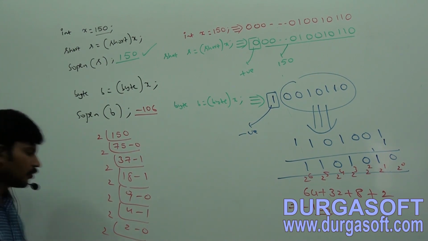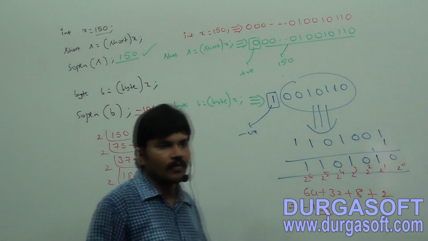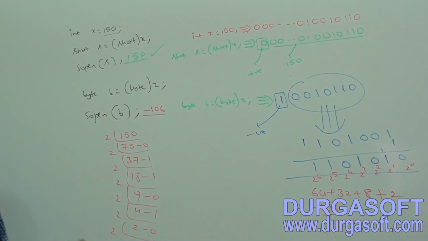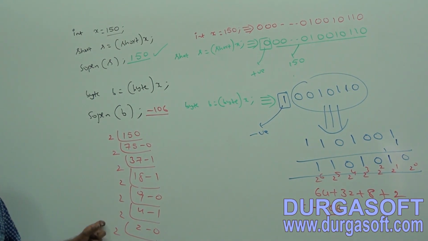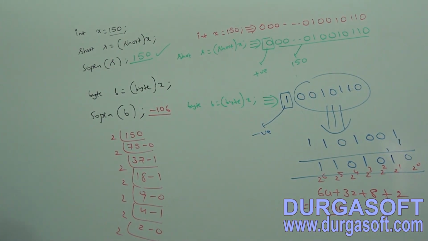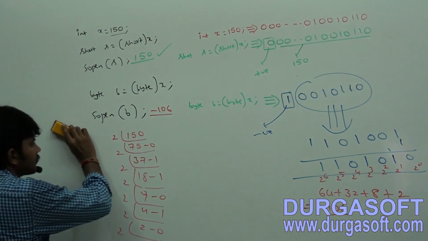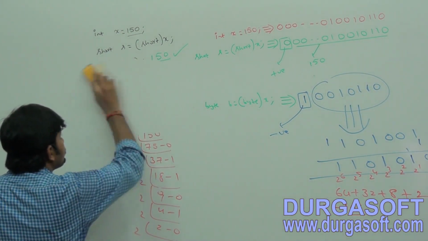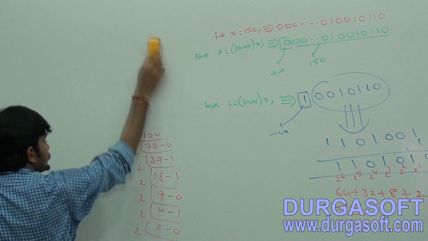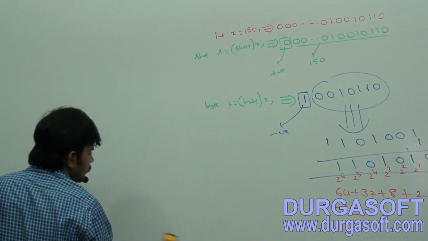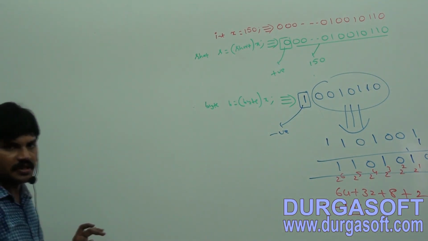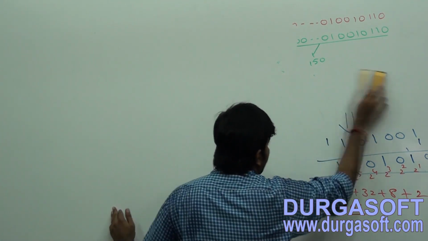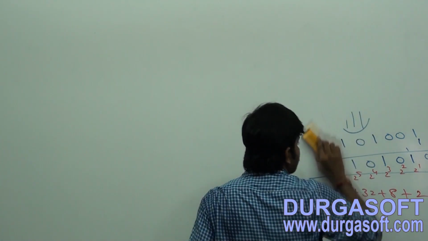Next, one more example. Is it clear, right? Next one. Completed? Next example. Example 3. So from here also you will get some clarity.